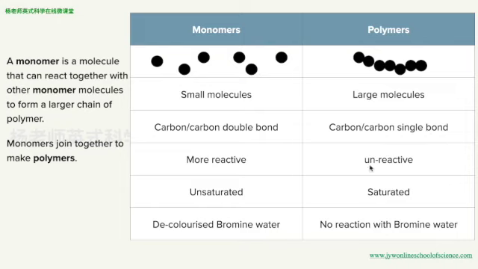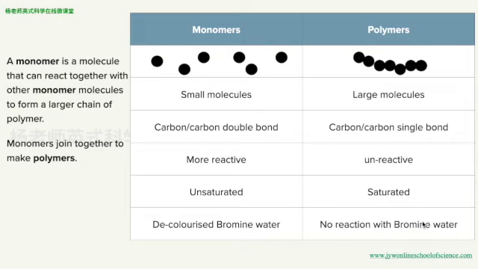Whereas polymers have carbon-carbon single bonds. So they're not reactive, they're unreactive. And because they're single bonds, we call them saturated hydrocarbons. They do not react with bromine water, and therefore the bromine water remains its own orange color.